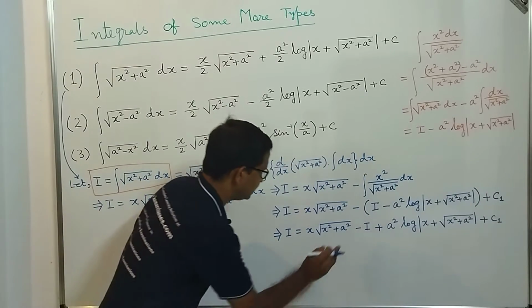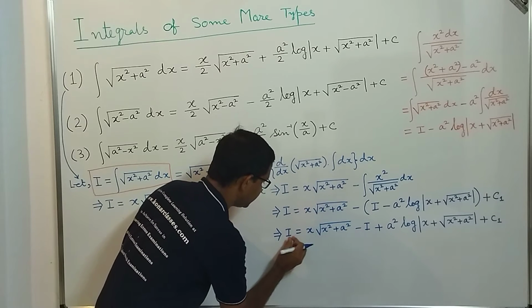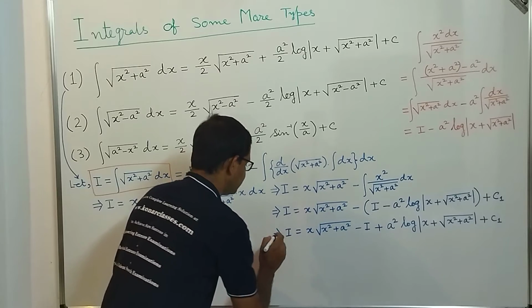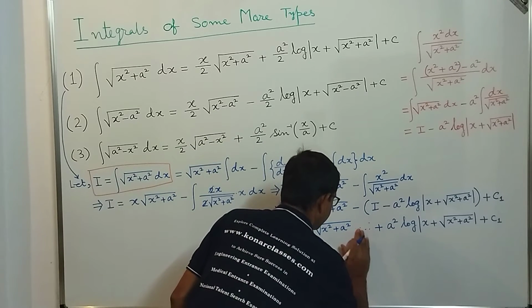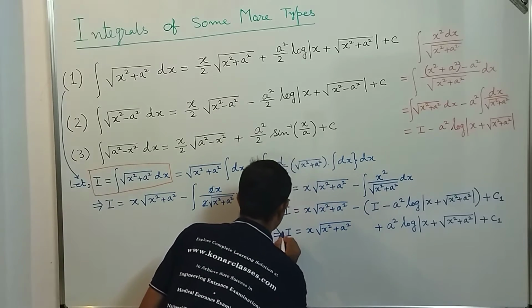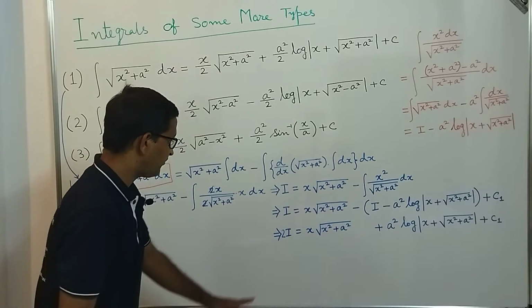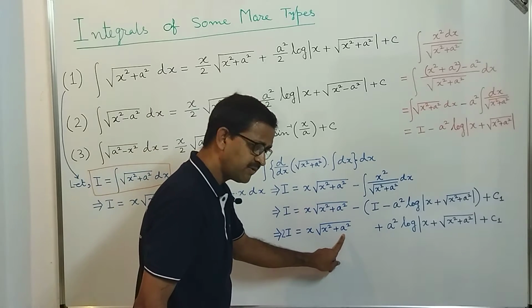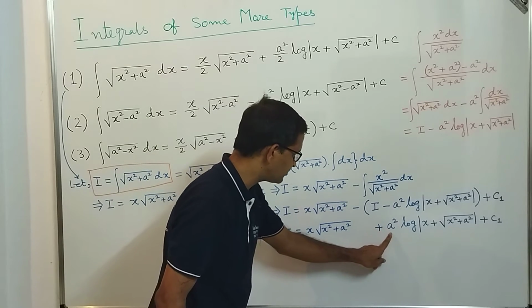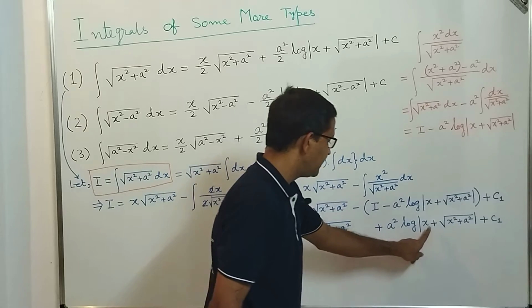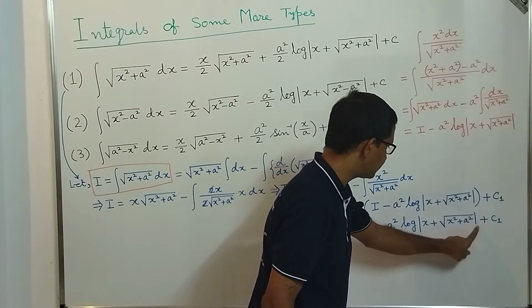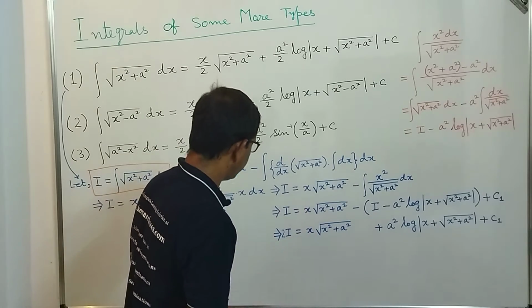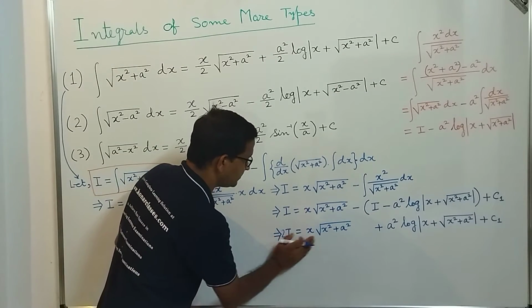Now this minus I, we can take it to the left hand side, then it becomes I plus I, so it becomes 2I here. So finally what we get, I is equal to x by 2 into square root of x square plus a square plus a square by 2 into log of mod x plus square root of x square plus a square plus C1, by 2, because then what we get, 2I is equal to this.